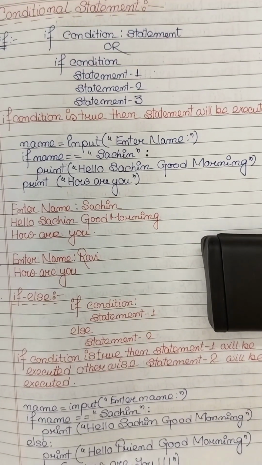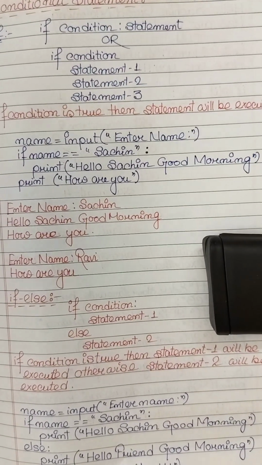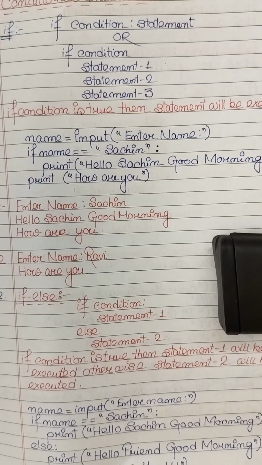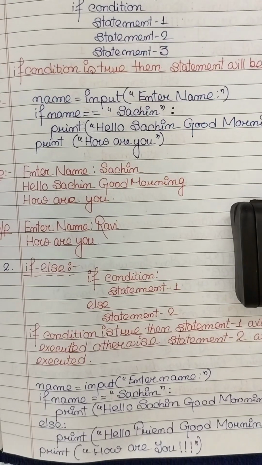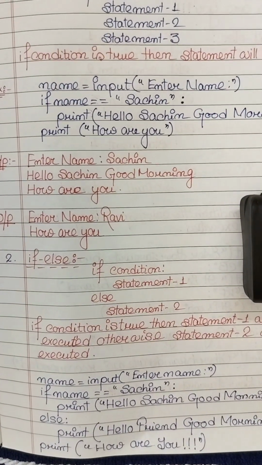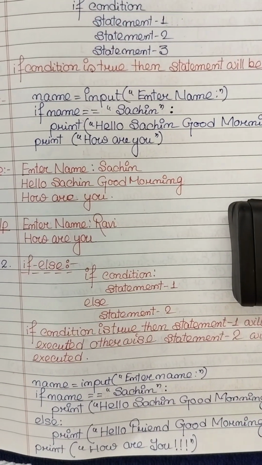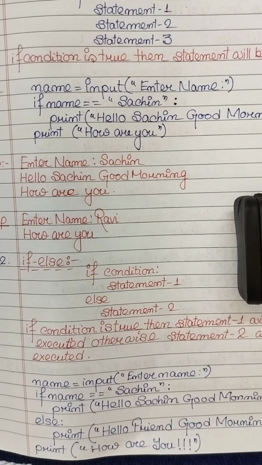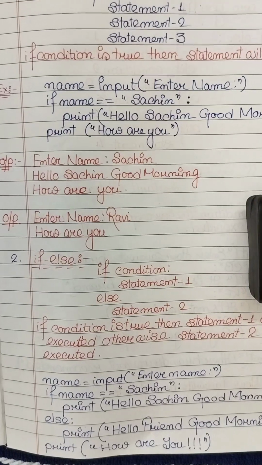And there is another print statement, how are you. So if we run the program, the output will be: enter the name Sachin, hello Sachin, good morning, how are you.